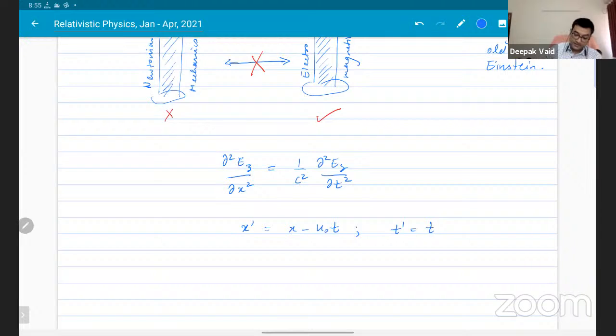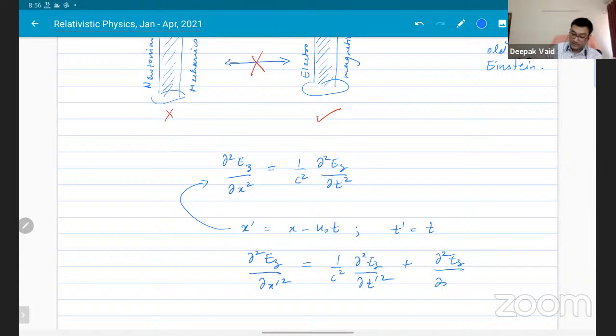So if you apply this to this expression, what do you get? You find that the resulting expression has the x prime squared term, 1 by c squared d t prime squared, but then you get another term which looks like something like d square Ez dx dt.